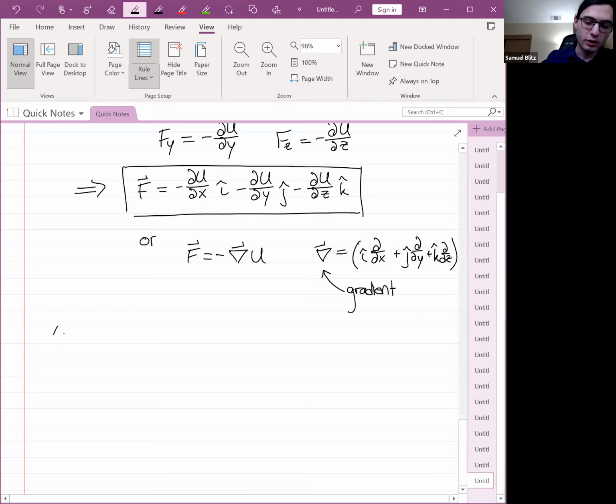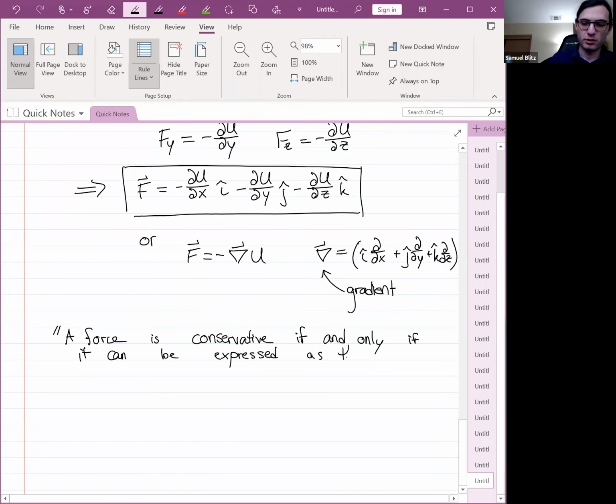That is, a force is conservative if and only if it can be expressed as the negative gradient of a potential energy function.